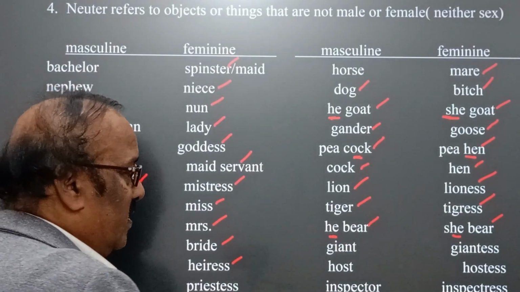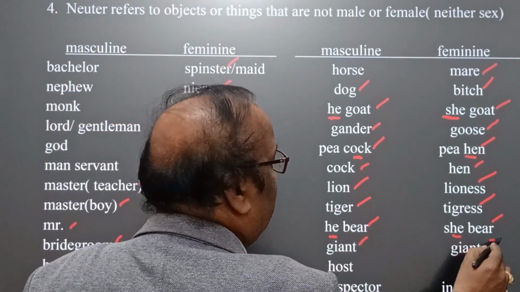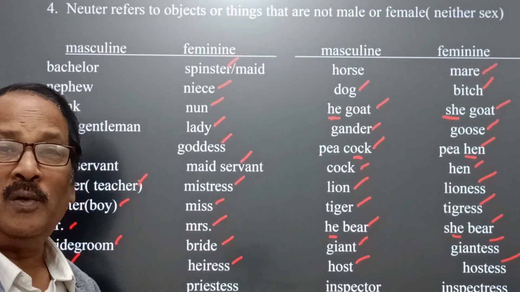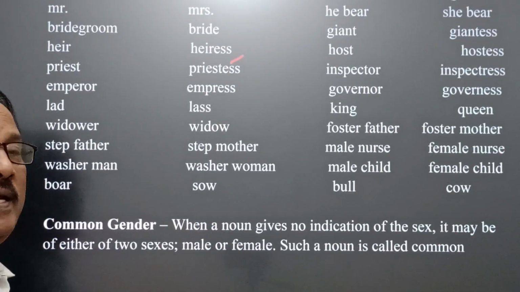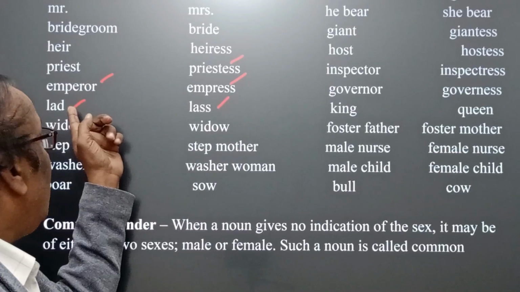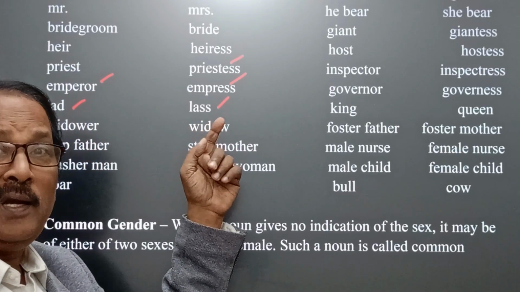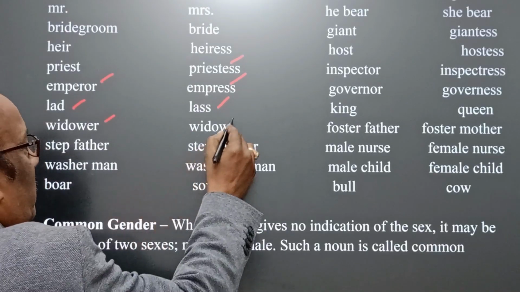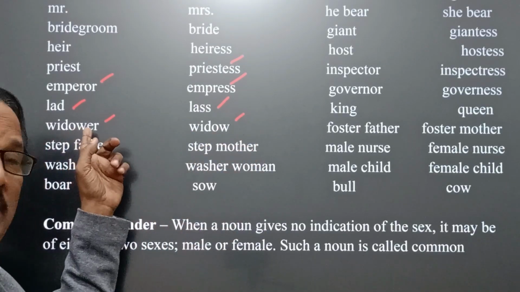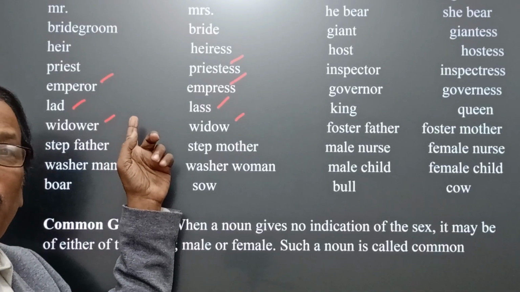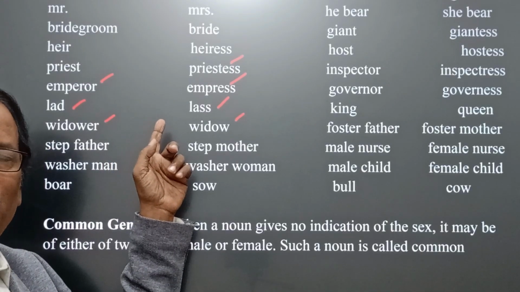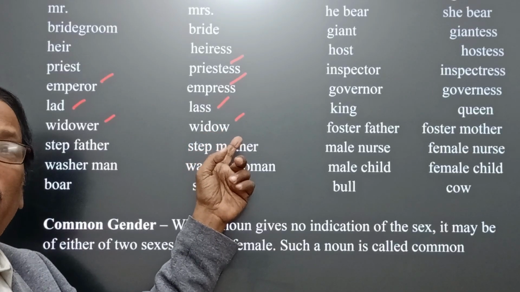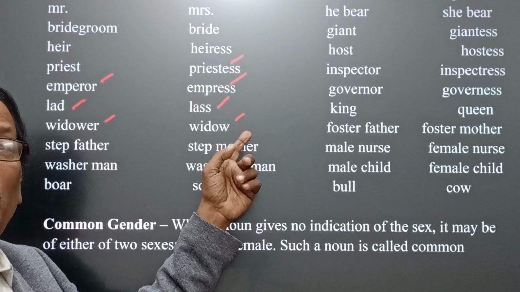Next, giant, giantess, host, hostess. Yes, air host. Who is the host of the meeting? Priest, priestess, emperor, empress. Lad means young boy, this is from the Latin language, and here lass, young girl. Widower means the person who has lost his wife, and widow means the woman who has lost her husband.